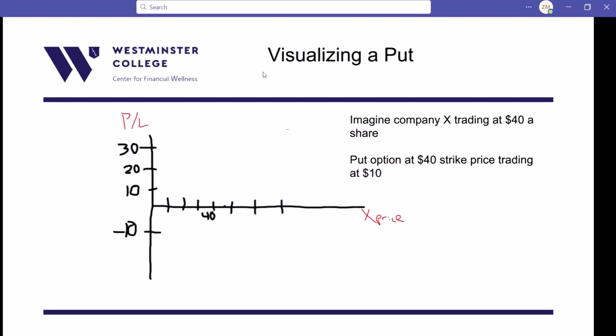Okay, so now we visualized a call option, and what we're doing here is we're visualizing a put option. And what you'll find out is that a put and a call option end up looking like mirror images of each other. By that I mean they are flipped.